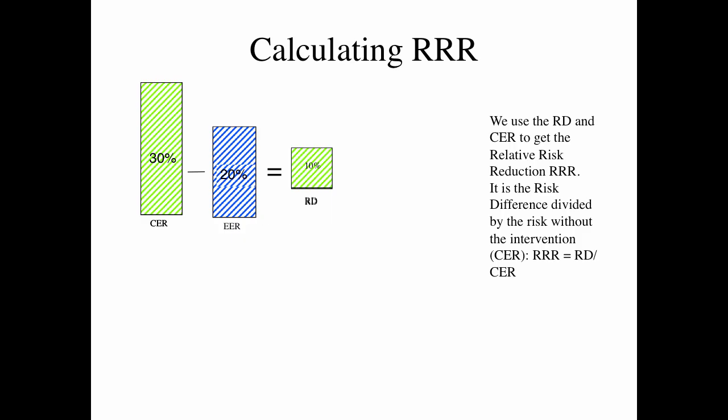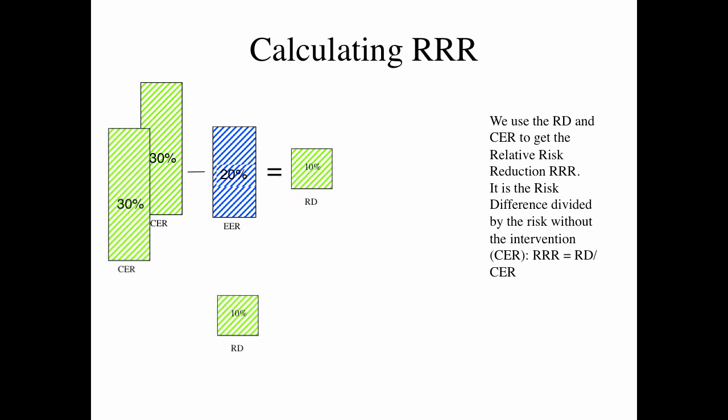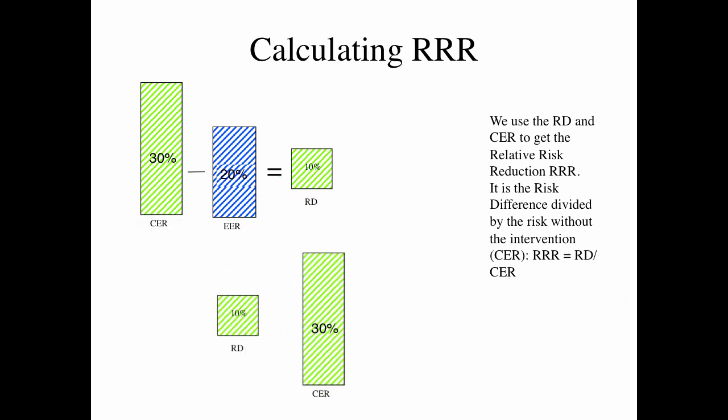So let's just see how this one works out. We start with the risk difference and we simply divide it by the CER, the comparison event rate. But remember that this is the event rate that would have happened to the group had it not received the statin.